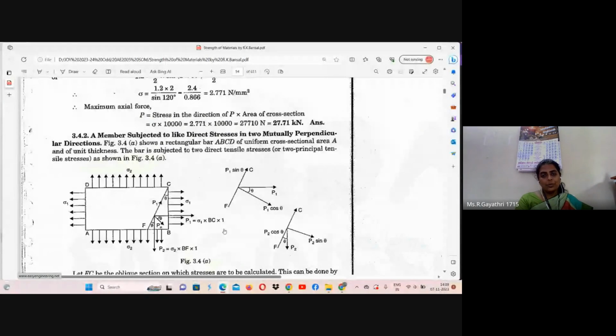So BC into 1 is the area normal to stress sigma 1, or the cross sectional area of this member. So P1 is equal to sigma 1 into BC into 1. P1 is a horizontal force because sigma 1 is in the direction of the axis.